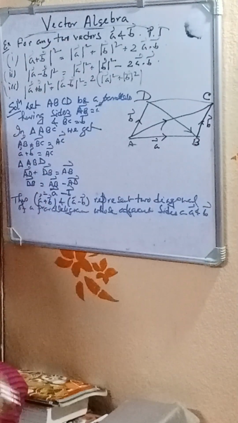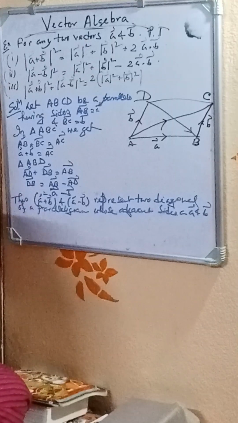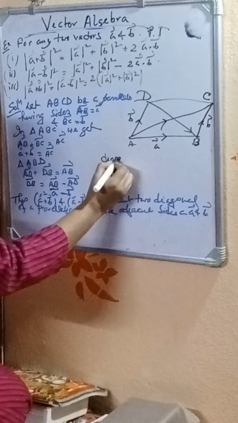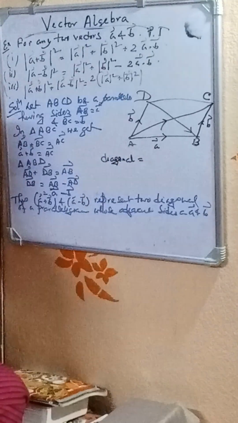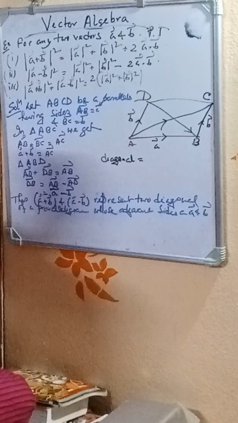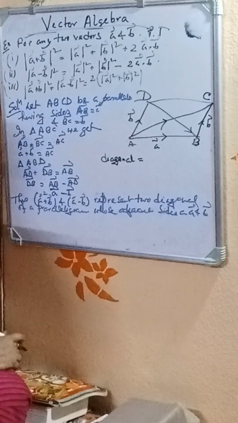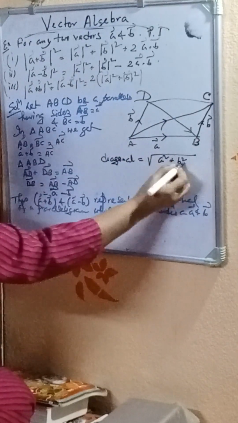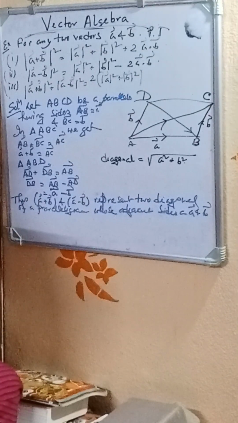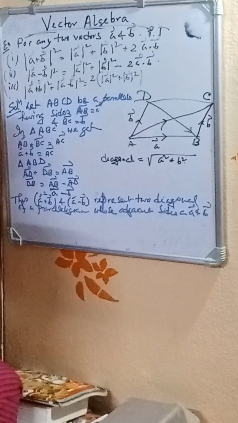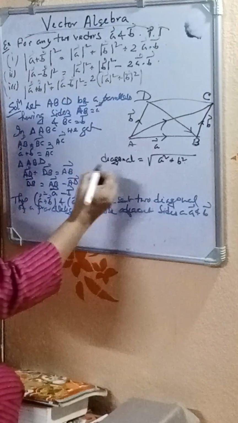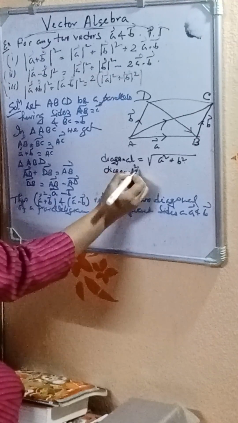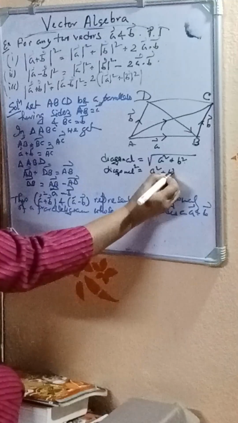Therefore, we know that if A and B are the lengths of two adjacent sides of a rectangle, then the diagonal equals root over A square plus B square, so diagonal square equals A square plus B square.